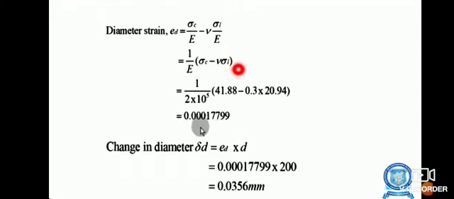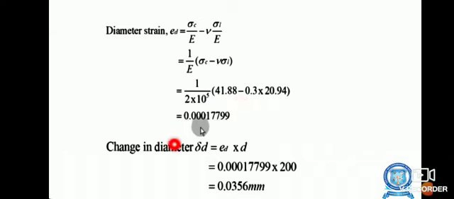So we apply the values in this formula: 1 divided by 2 into 10 power 5 into 41.88 minus 0.3 into 20.94. We simplify these calculations and got the answer of diametrical strain, 0.00017799. That is the value of diametrical strain.